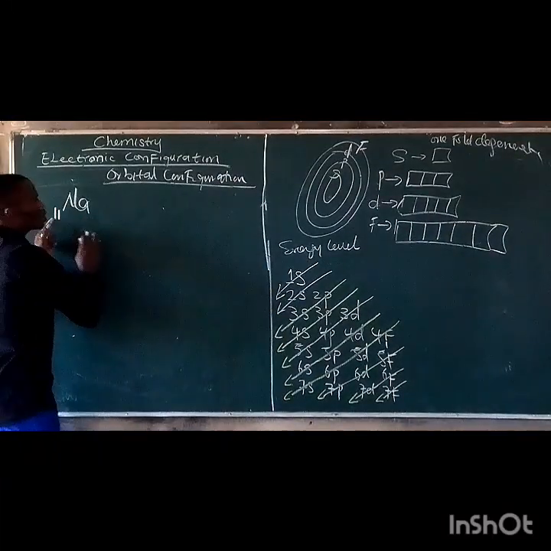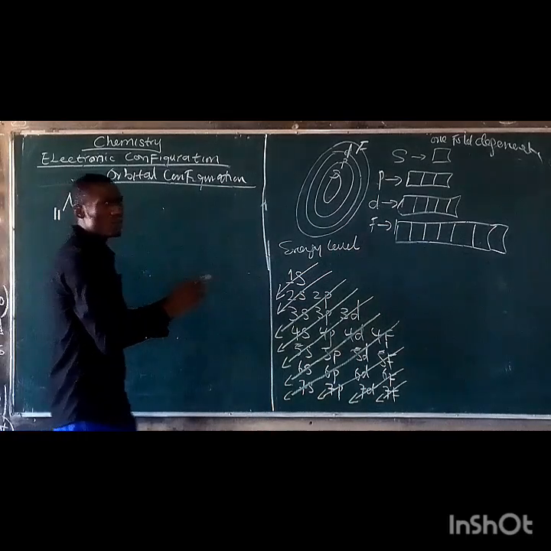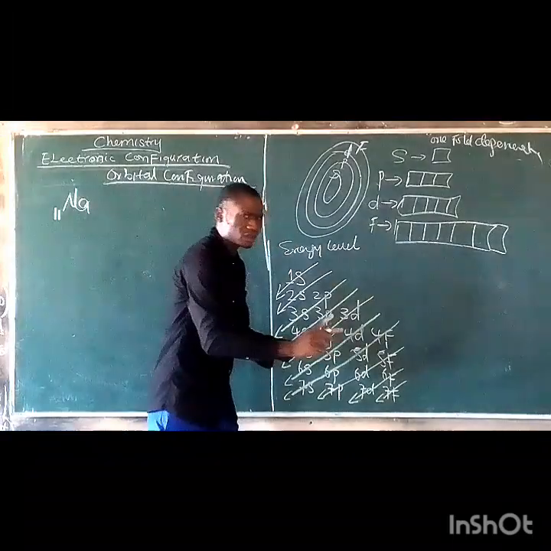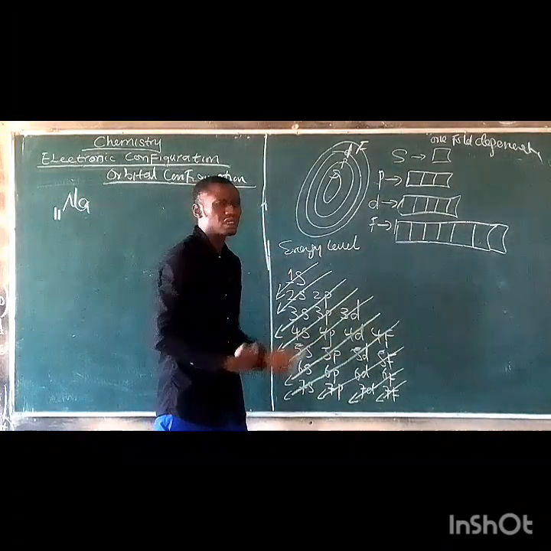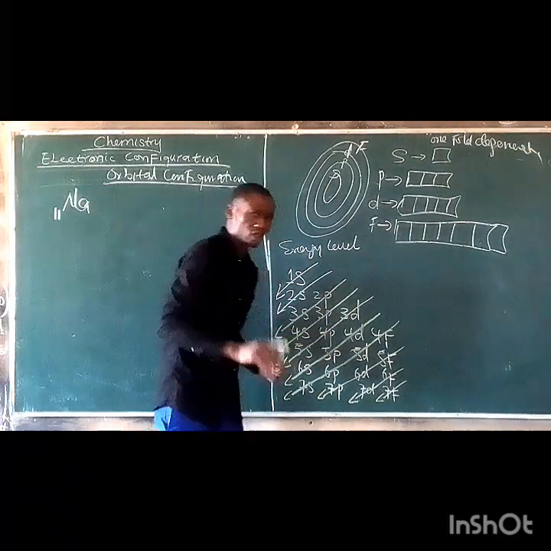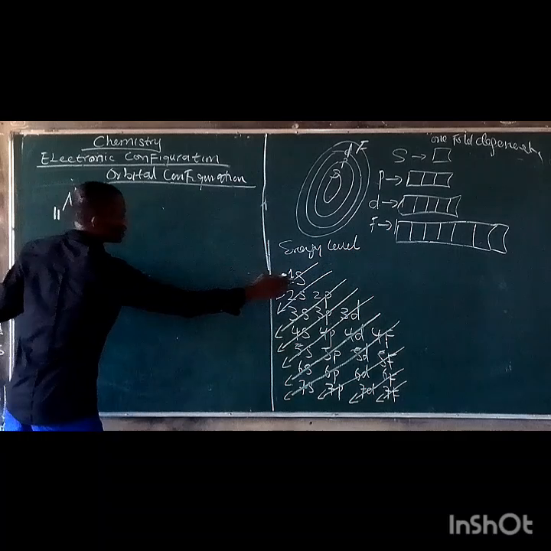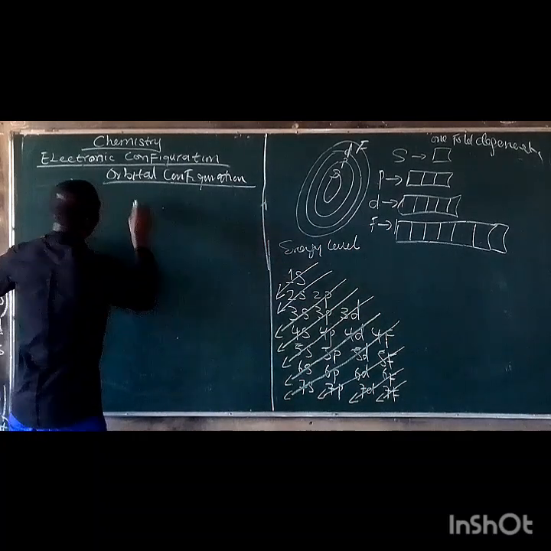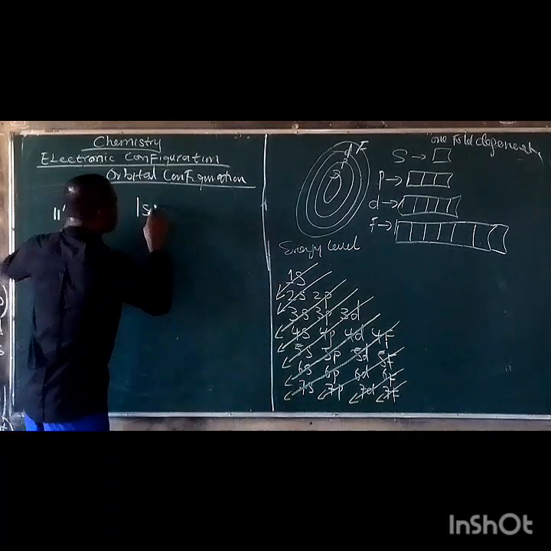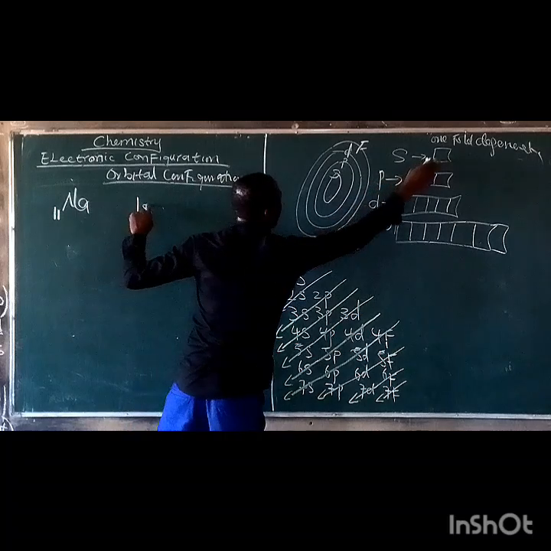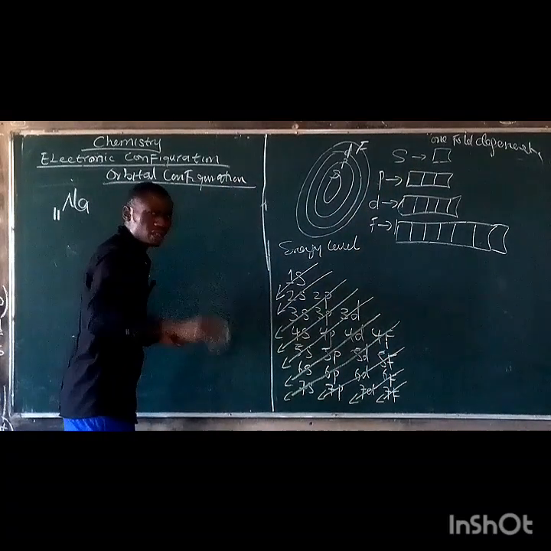Now you are to represent sodium not in the structural configuration. You already know what that is. In the orbital configuration, you start off like this: 1s, and 1s has 1 degenerate orbital, which means it's just 2 electrons over there.